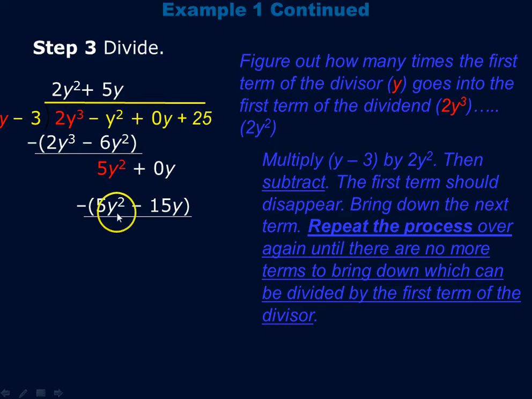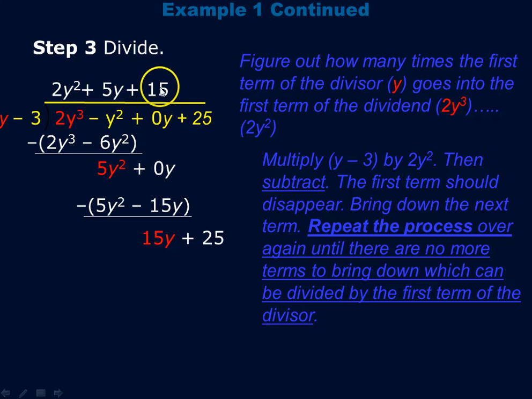And now I subtract again. 5y squared minus 5y squared will give me 0y squared. 0 minus a negative 15y should give me a positive 15y. Bring down my 25. Again, I've got to figure out how many times y goes into 15y.